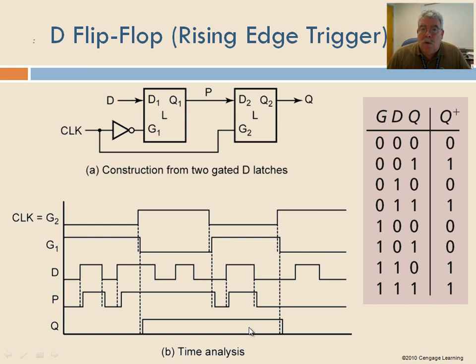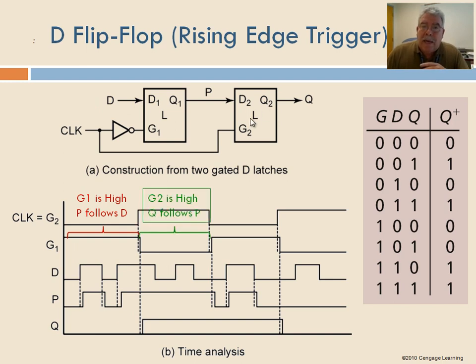The value of P is then transmitted to the output. So remember, we have these two states of the clock, or semi-cycles, for which G1 is high, and whatever changes in the input, P will follow. The next case is when the other gate, in which the clock is reversed, G2, is high, and therefore Q, the output, will follow whatever P is.